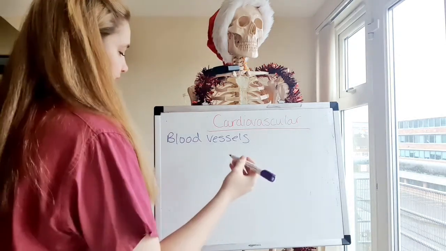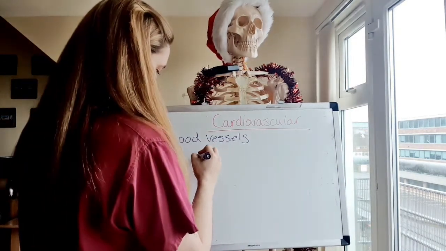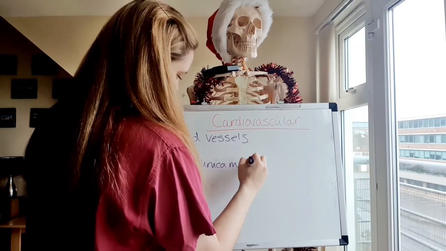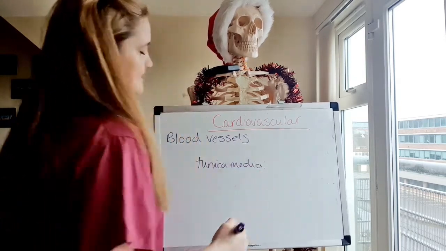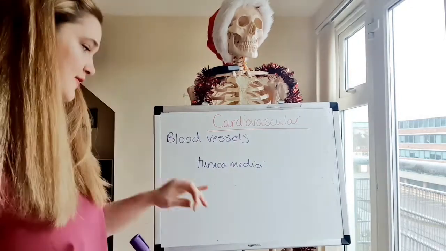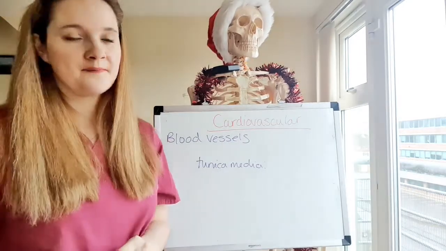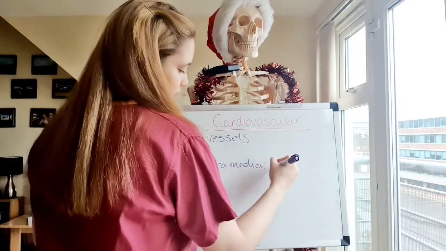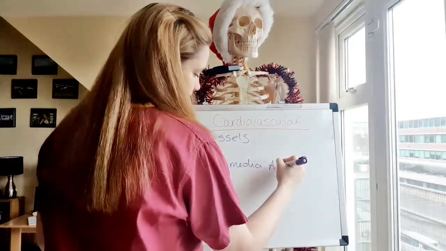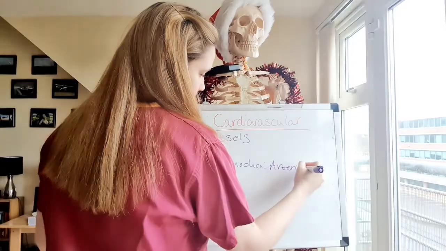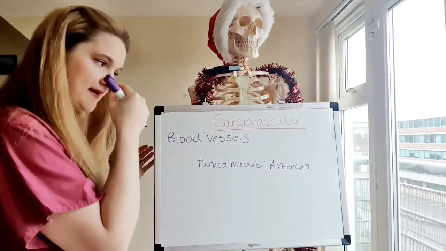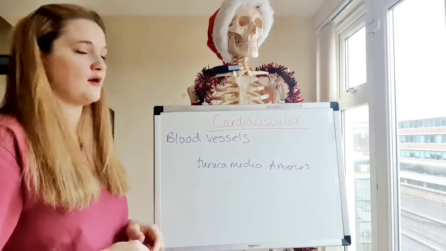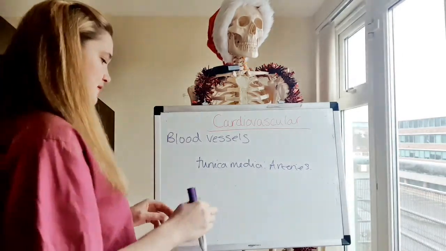So if we go to the middle layer, the tunica media, and we compare that between arteries and veins, this middle muscular layer with elastic fibres is a lot thicker in arteries than it is within veins. So arteries are mainly elastic fibres and veins are more so collagen than they are elastic.